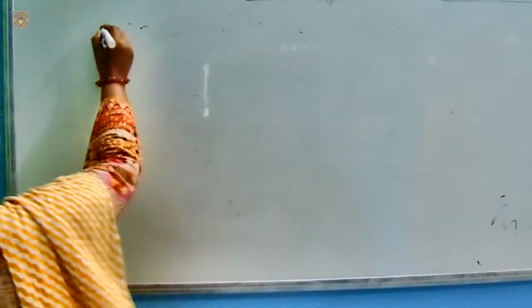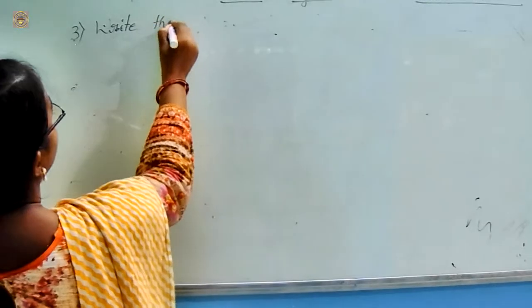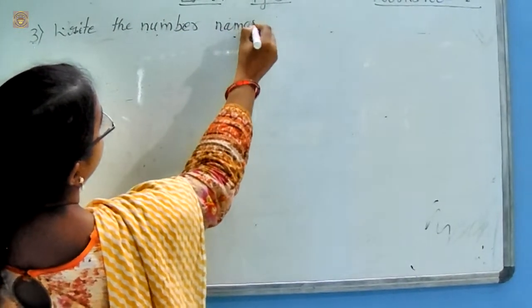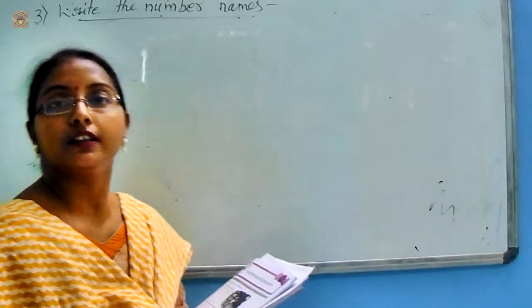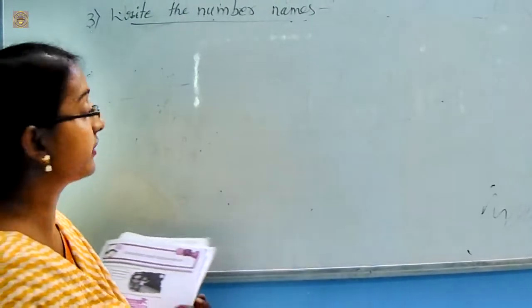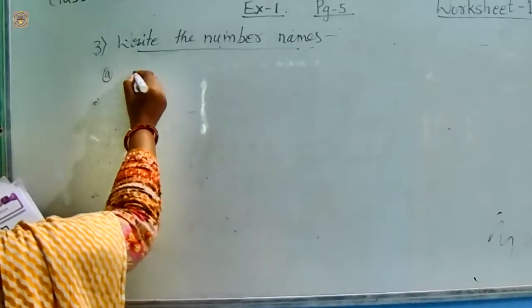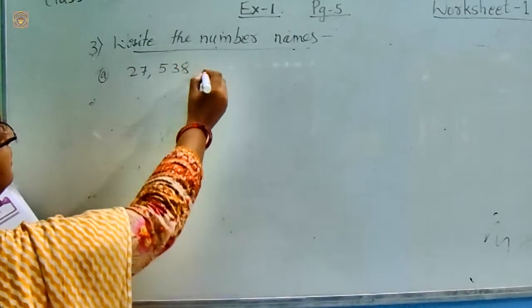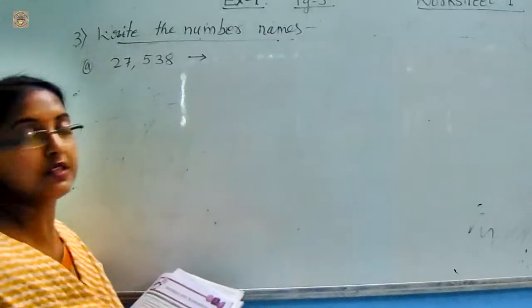Now, question number 3. Here it is given, write the number names. That means you have to write the number in words, not in figures. Such as 27,538. How can we understand these number names?